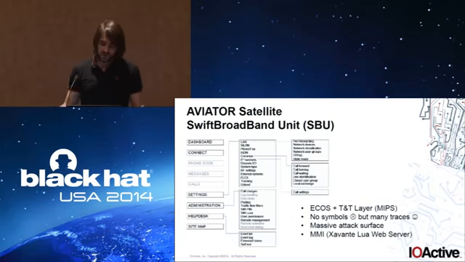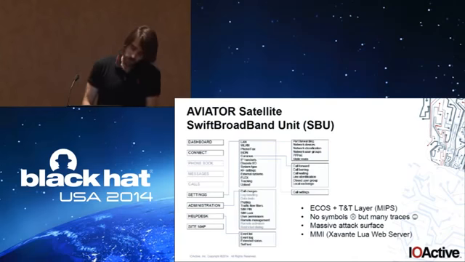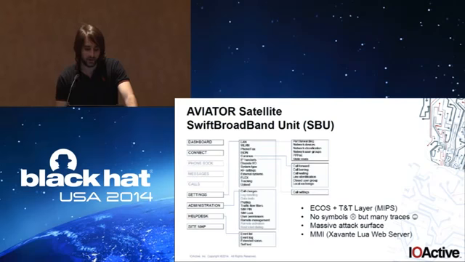It's MIPS, built on top of eCos, the firmware. Then the firmware has a proprietary layer from Frame and Frame, the company that originally developed that firmware. There are no symbols, but there are many traces, so it's useful.